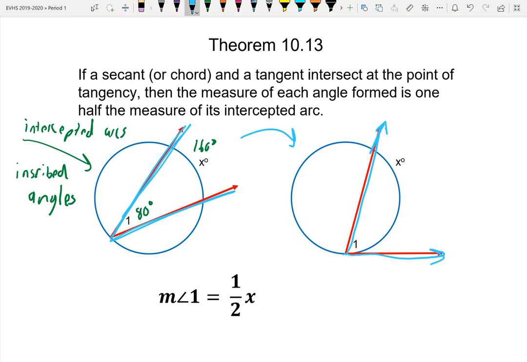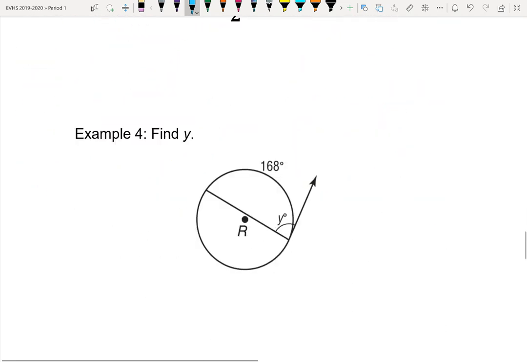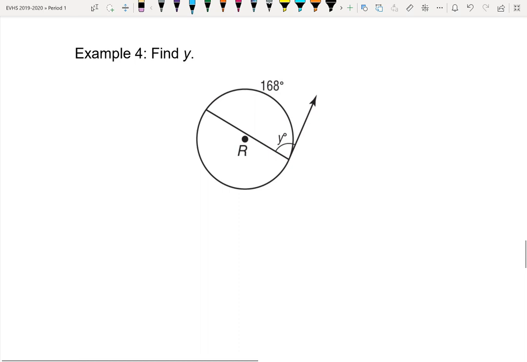So here, 1 is still exactly half of x. The same property applies even though it's a tangent and not a secant. So once again, if x is 90 degrees, then angle 1 is 45 degrees, and so on. Nothing different about it, it just looks slightly different.